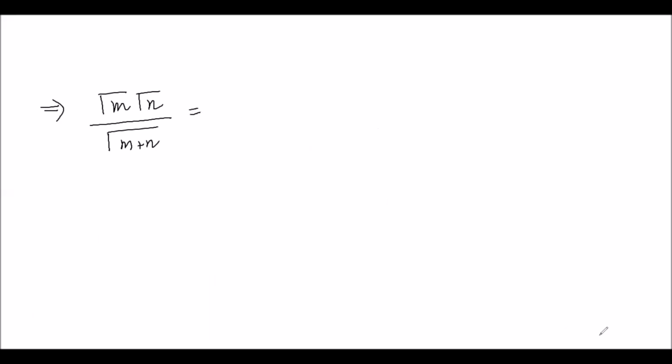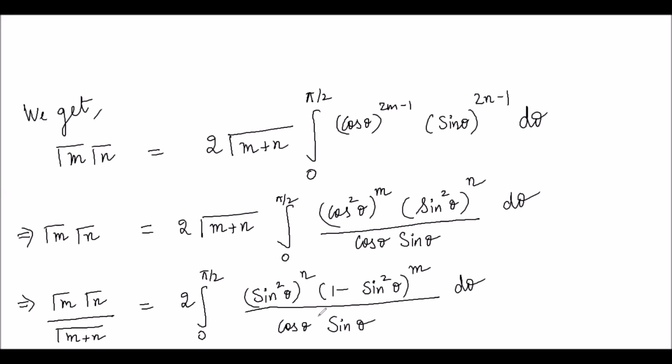For this right hand side, let us consider the substitution. Let sin square theta be t. With this substitution, let us find the relation between dt and d theta.